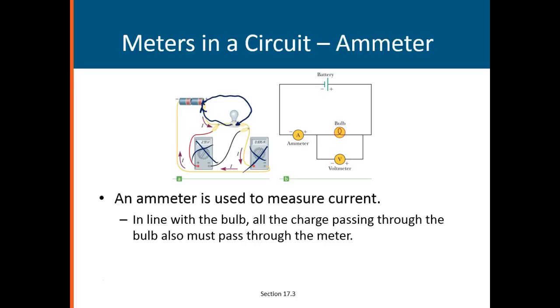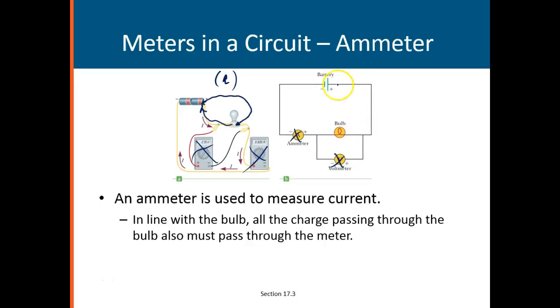This is A. Bizarre. Okay? Here's B. You have your battery, the positive side of the battery. It goes to one side of the bulb. Again, we don't have a voltmeter or ammeter.